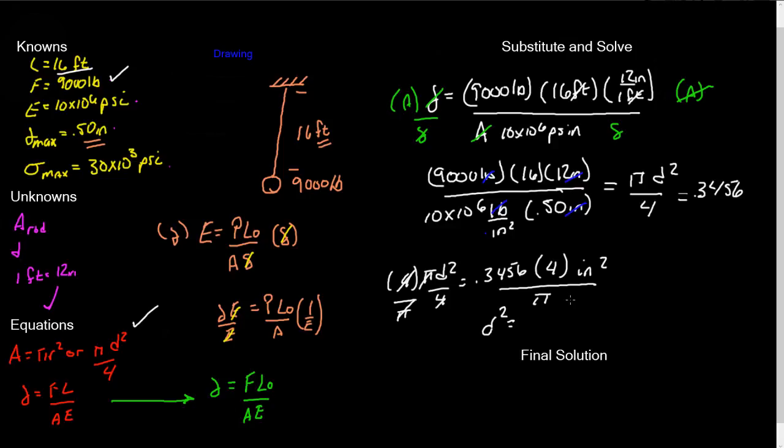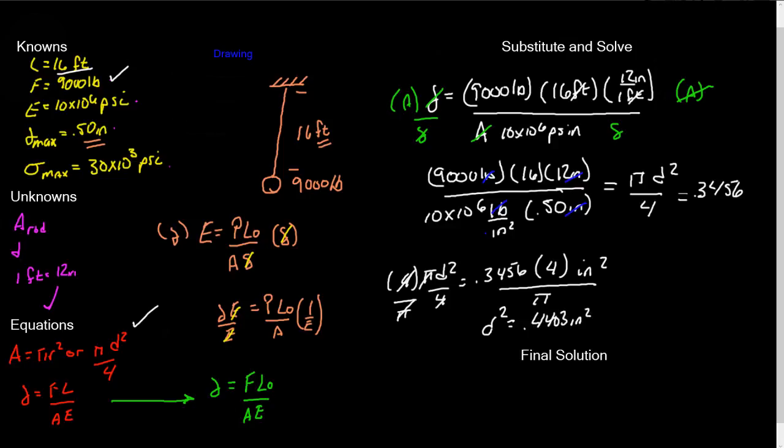So again, we'll go back and use my handy dandy calculator. I get 0.3456 times 4 divided by 3.14, close enough approximation. And I end up with d squared equal to about 0.4403 inches squared.